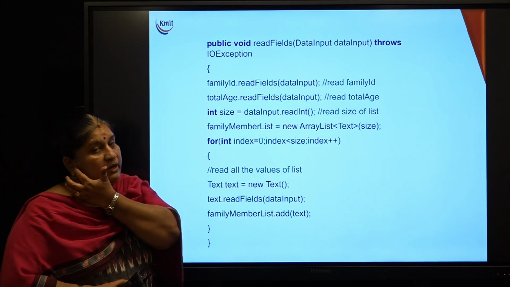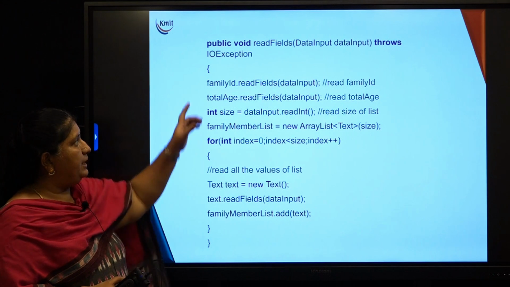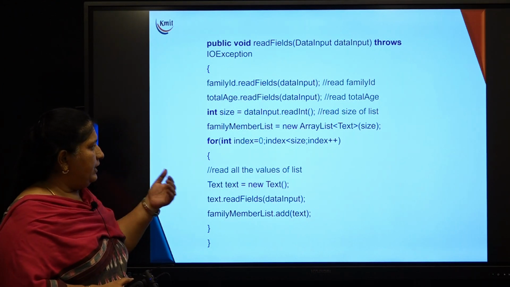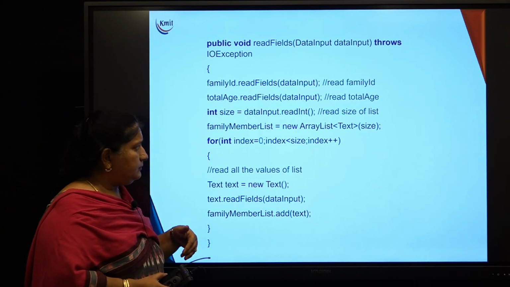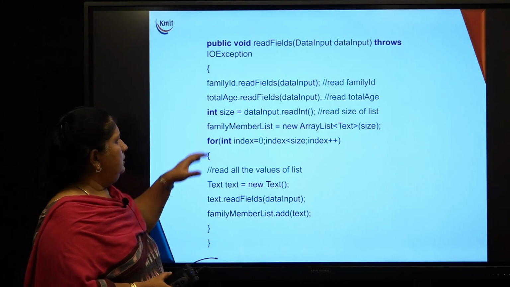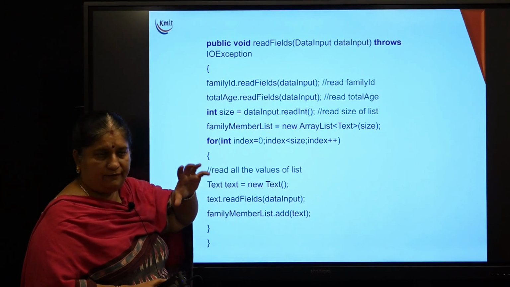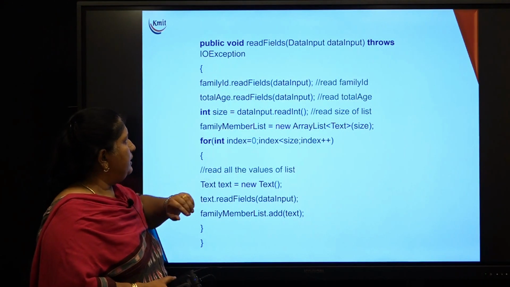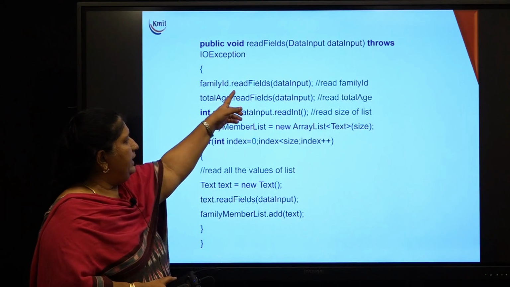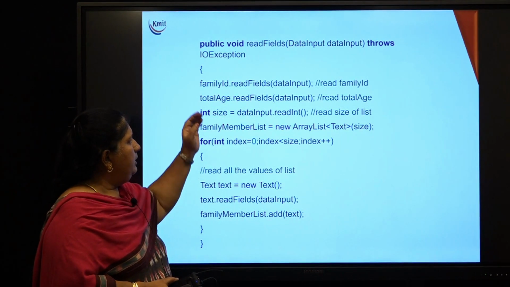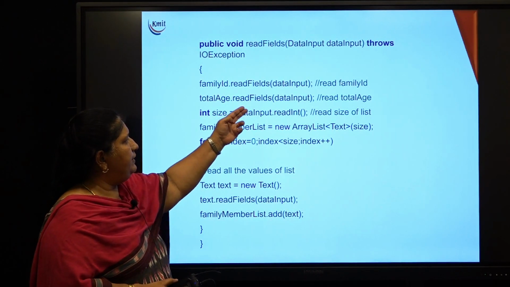Then one more requirement of custom writable is you need to write a readFields method. We are trying to read the data from the input object. It could be from the user or it could be from the data set or the file, so it is likely to throw an IOException. familyID.readFields(dataInput) and totalAge.readFields(dataInput).